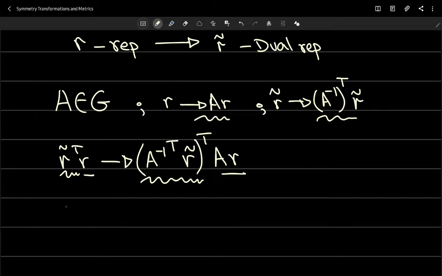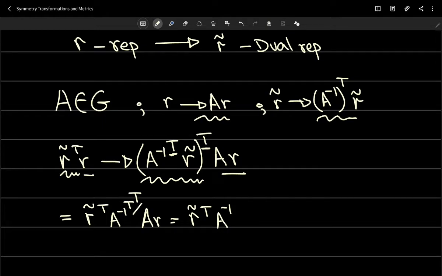Okay, then if you look at it, this is simply equal to R tilde transpose A inverse transpose transpose, right? So we have transpose already here, and then we have this transpose over here as well, and times A R, right? Okay, so A is a symmetric matrix, right? And so this would be equal to R tilde transpose A inverse.